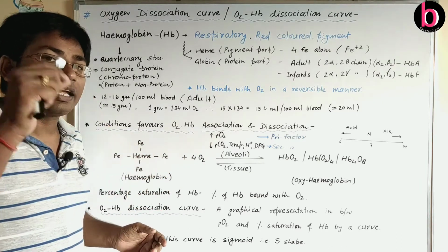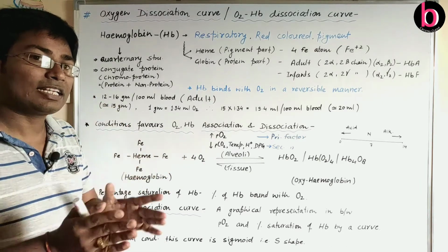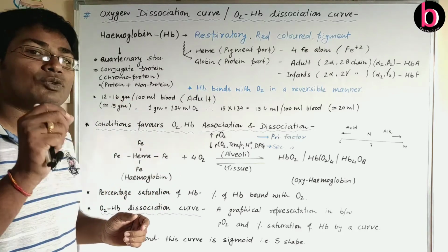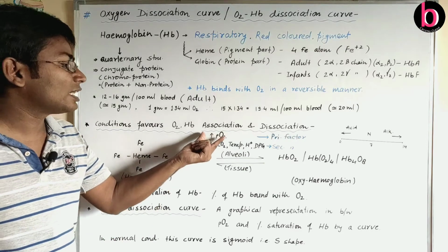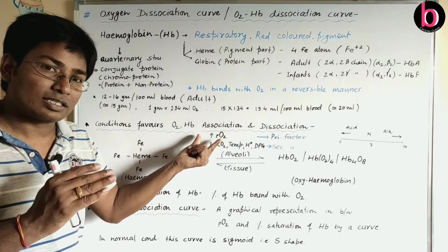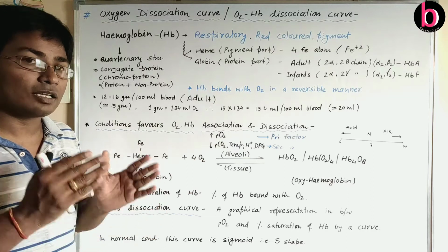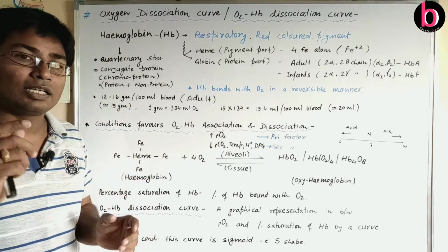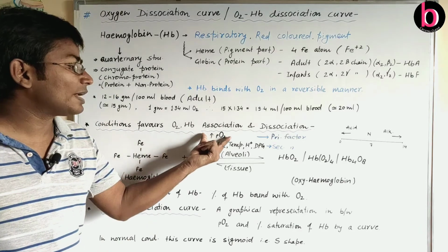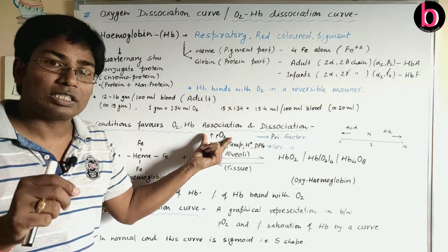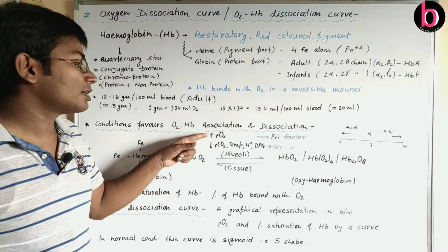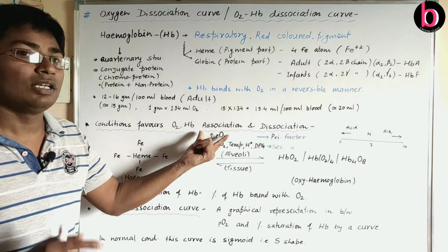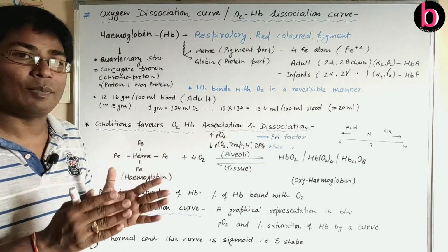The pressure created by each individual gas in the composition of air is known as the partial pressure of that gas, and the total atmospheric pressure, we know, is 760 mm of Hg. Out of that, the pressure created by oxygen gas alone is known as the partial pressure of oxygen, which is 159 mm Hg.